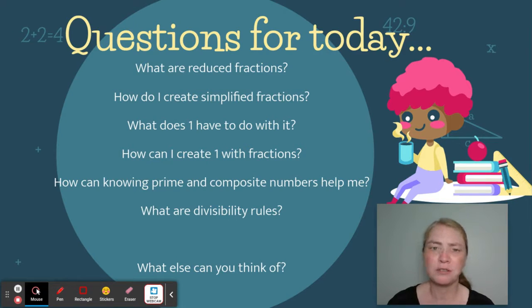You might have learned this over the school year, but there are certain rules to find out what larger numbers are divisible by certain numbers. So for example, a 2. The divisibility rule for 2 is any number that ends in 0, 2, 4, 6, or 8. So essentially any even number that's positive, that's larger than 2, is divisible by 2. And we'll go over that in a little bit.